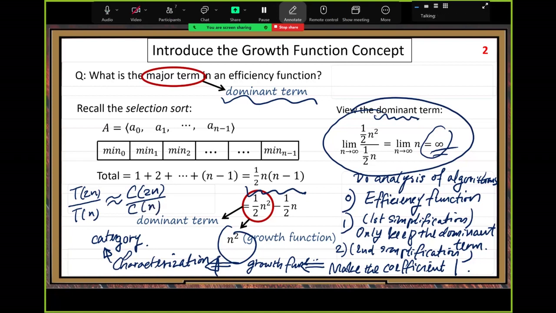Because these two functions, capital T and capital C, differ only by a constant, the constant cancels out. So we say these two functions have the same increasing rate.